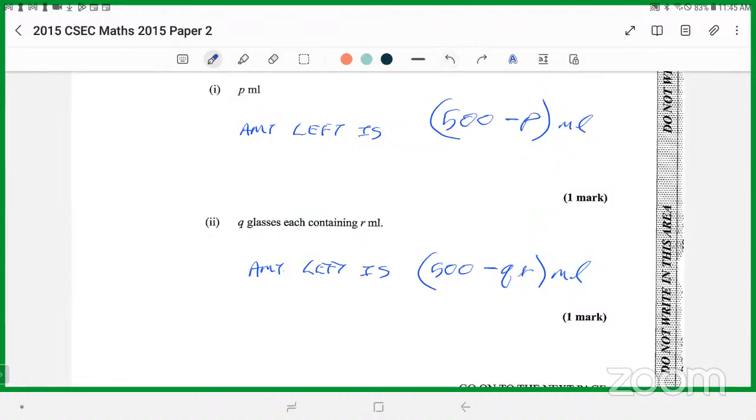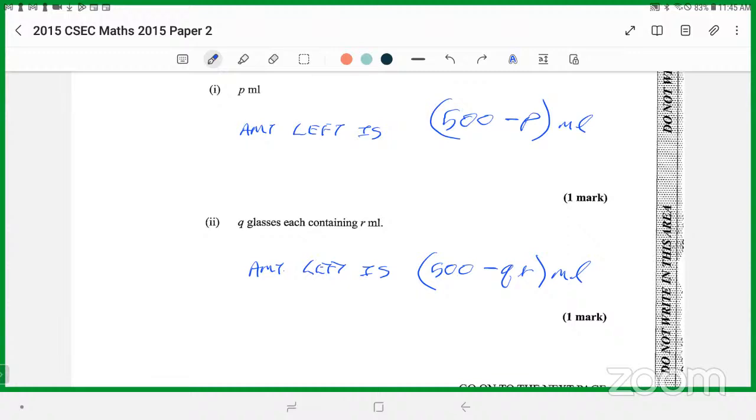That's it. 500 minus P. If you have 500 of something and you pour out P, you have 500 minus P left. The question asks how much do you have left? You don't know P. You don't have a value for P. So if you have 500 of something and you take away P from it, you're going to have 500 minus P left, whatever P is. All right, that is it.